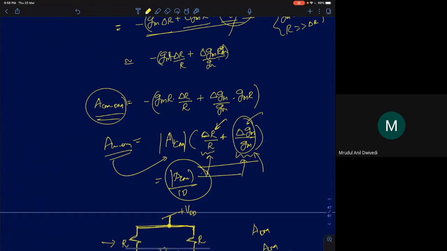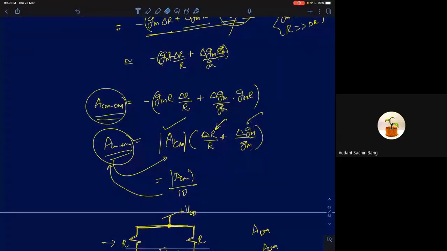And if your ACM happens to be very high, then ACM-DM will also be significantly higher. The hallmark of a differential circuit is that it should completely reject common mode variations. Therefore, ACM-DM should be as close to 0 as possible. But here we have a circuit that has a high ACM, so when there is a mismatch between the resistors or the parameters of the two halves of the differential pair, we see a significant increase in ACM-DM.